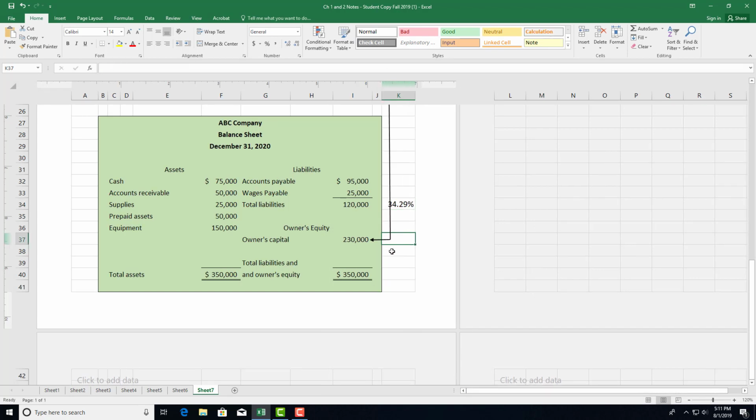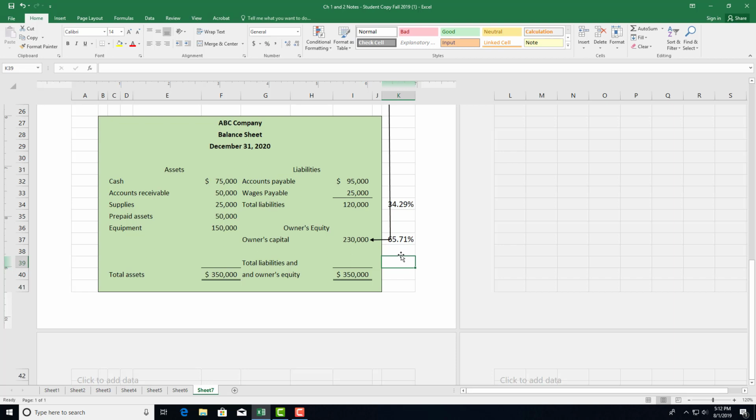It's kind of like saying we have debt of about 34%, and equity of about 66%. And so as owners of the business, we would have a claim of about 66%, and our creditors, people that we owe money to, would have a claim of only about 34%.